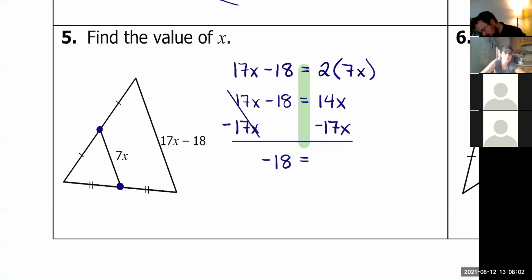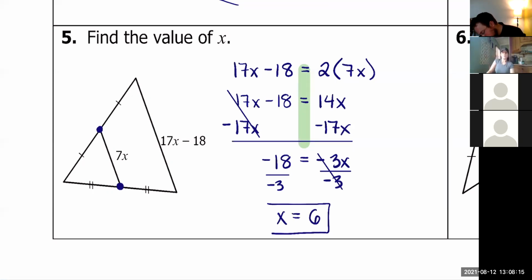Negative 3x. Divide both sides by negative 3. I'm going to get x equals 6. Good.